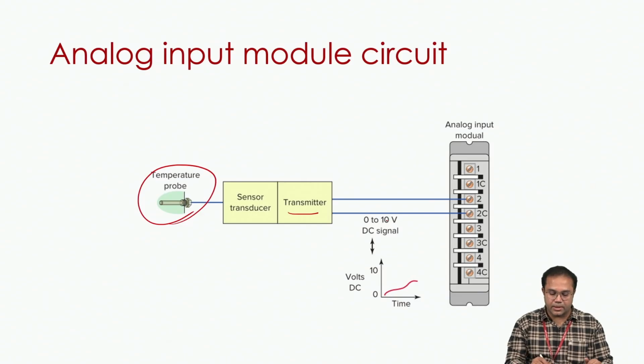Here it is a voltage, 0 to 10 volts, and it is scaled with respect to time: as the temperature increases, the value increases. This is a simple relation. Now we can connect this transmitter output directly to the terminals of the PLC analog input module.